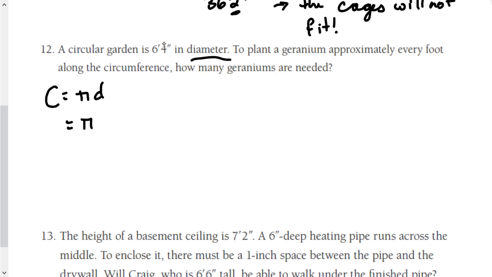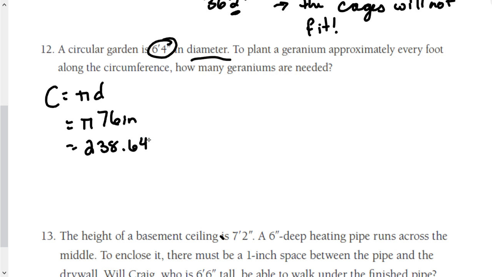So pi times the diameter of 6'4". So that is, I'm going to change that into inches again. Times it by 3.14, which is 238.64.